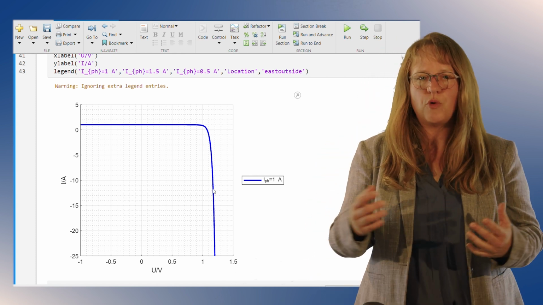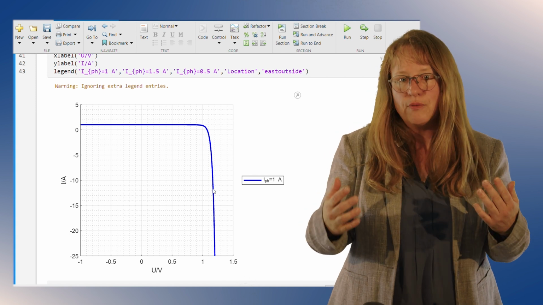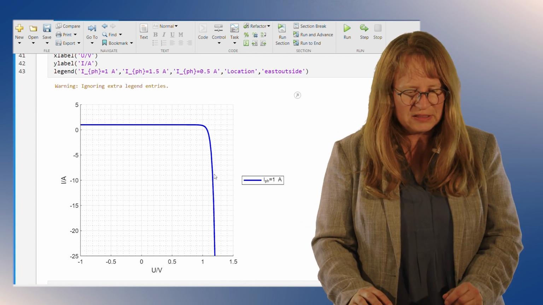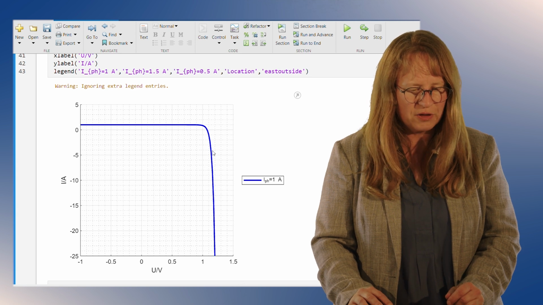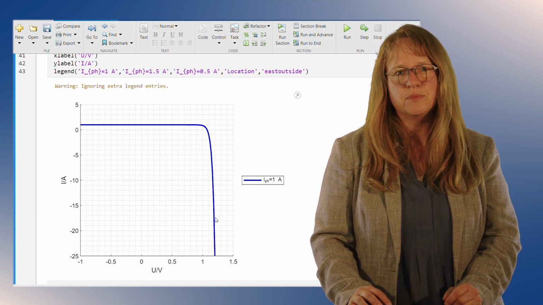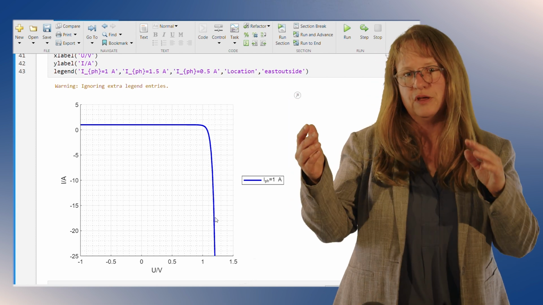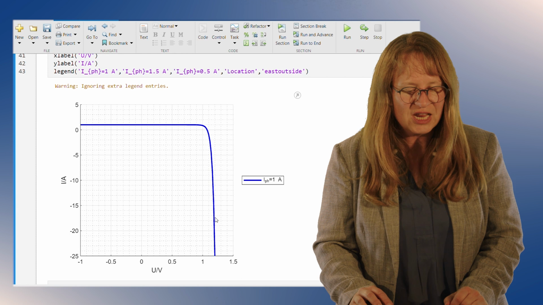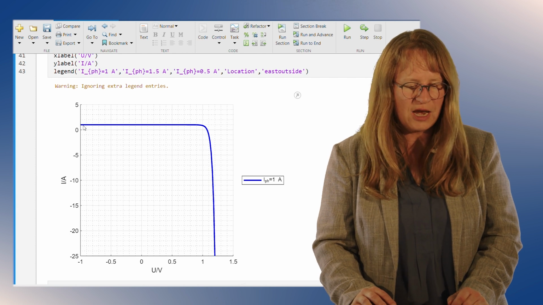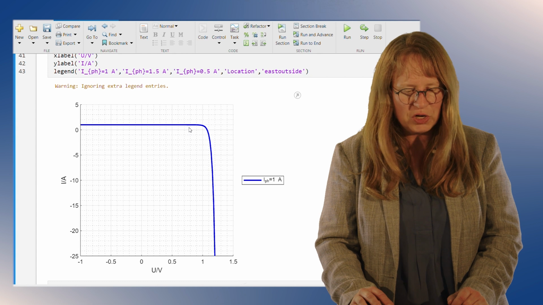Now, if we want to operate the solar cell for generating electricity, this part down here is not interesting, because in this region where we have a negative current and a positive voltage, it would just mean that we have a consumer and not a source here. So what is really interesting for us is actually this area up here where the current is positive and the voltage is positive.